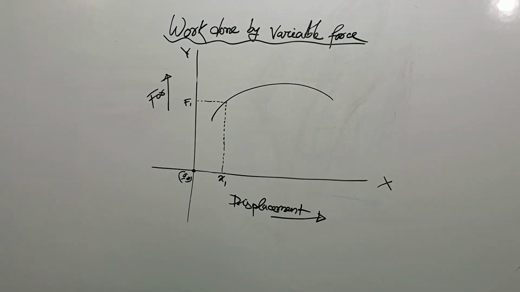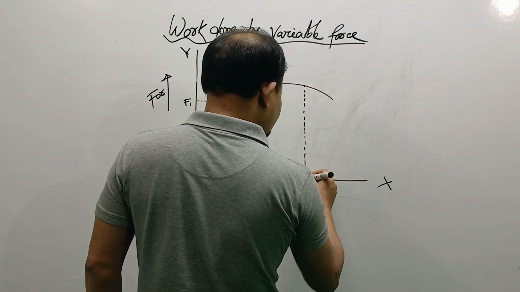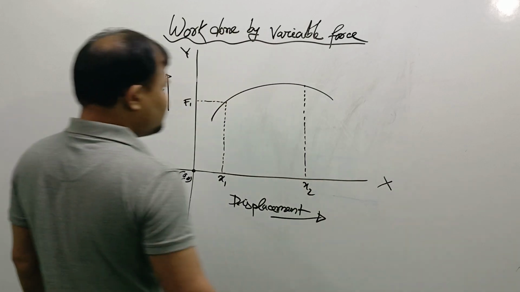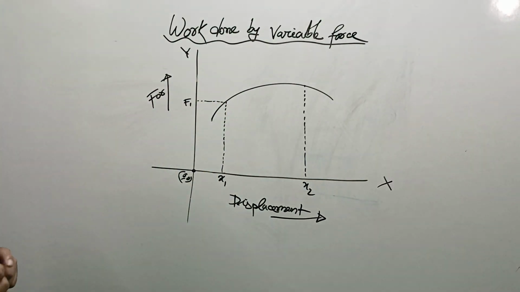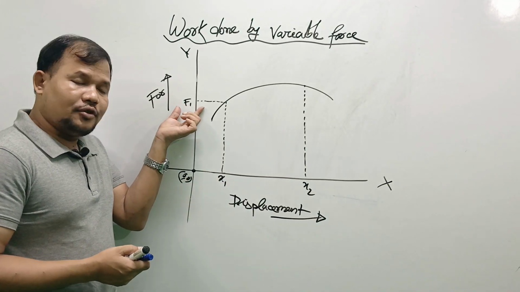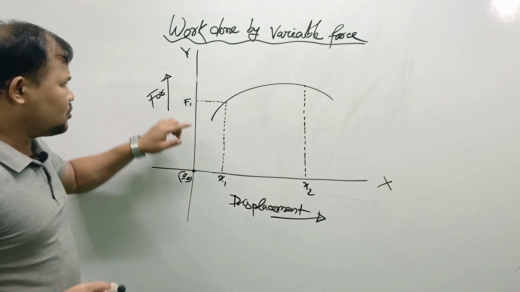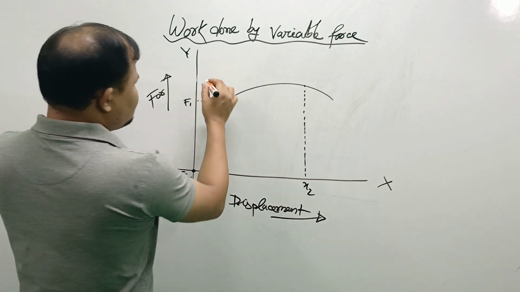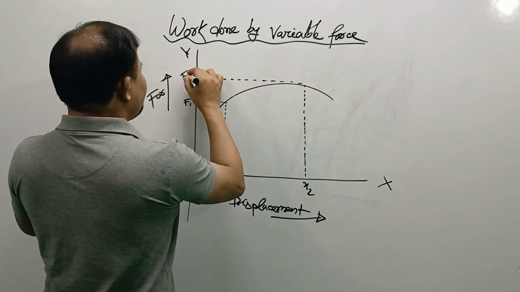My dear student, when displacement is x2, then we see the force is not the same. Okay. When displacement is x1, the force is F1. When displacement is x2, the force changes here. The force will be F2.